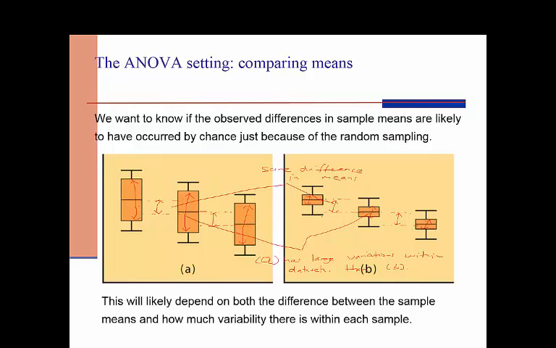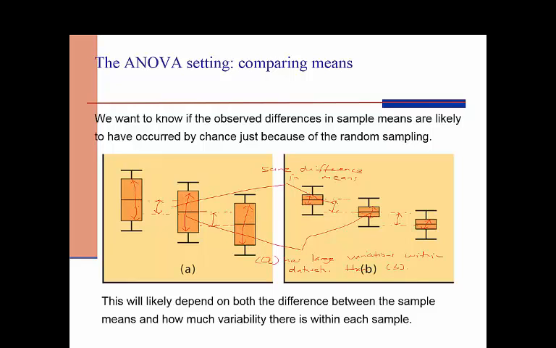Okay, so the difference in means for B, even though it's the same amount as the difference in means for A, is much more pronounced. It's much more significant than the difference in means in A, because A varies so much.